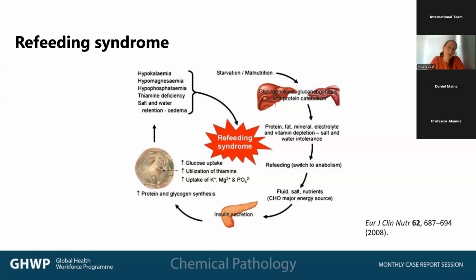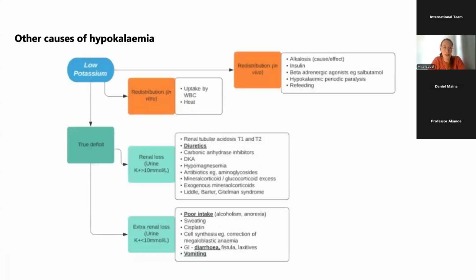It's really important that when any patient who's been previously very malnourished comes into hospital and we give them any sort of treatment, we are looking out for this. So what we do when a patient comes into hospital, especially if they're elderly, for example, is we check as soon as we start giving them the nutrition that their electrolytes are not suddenly dropping.